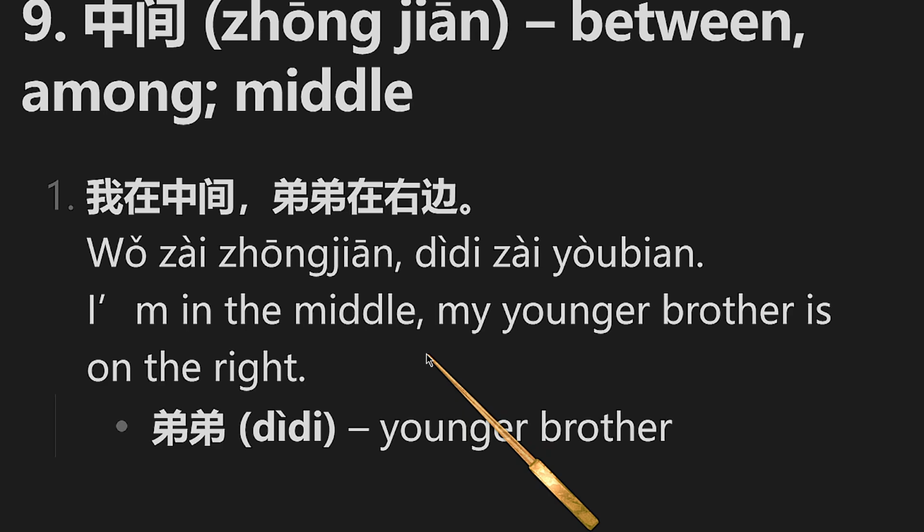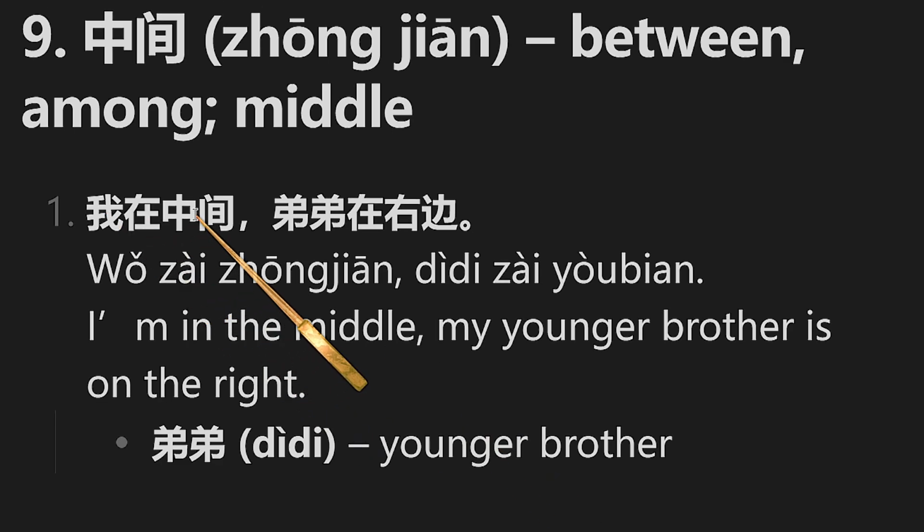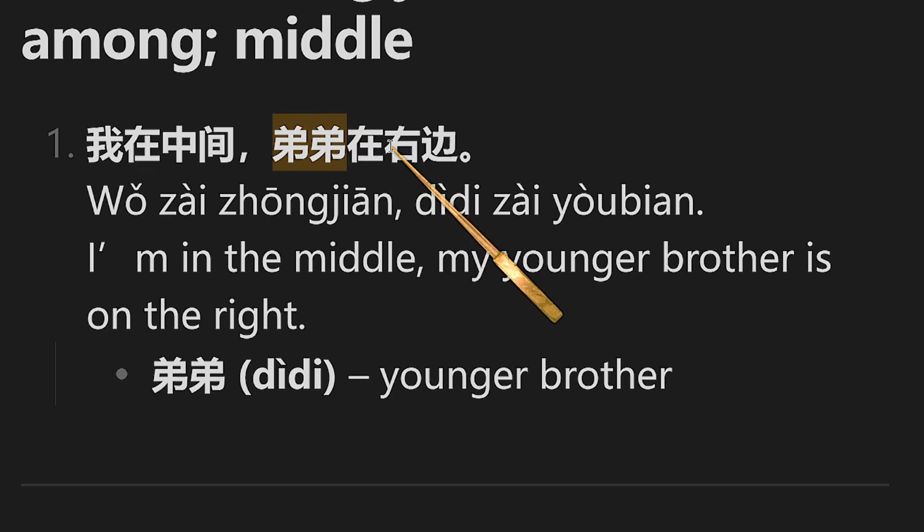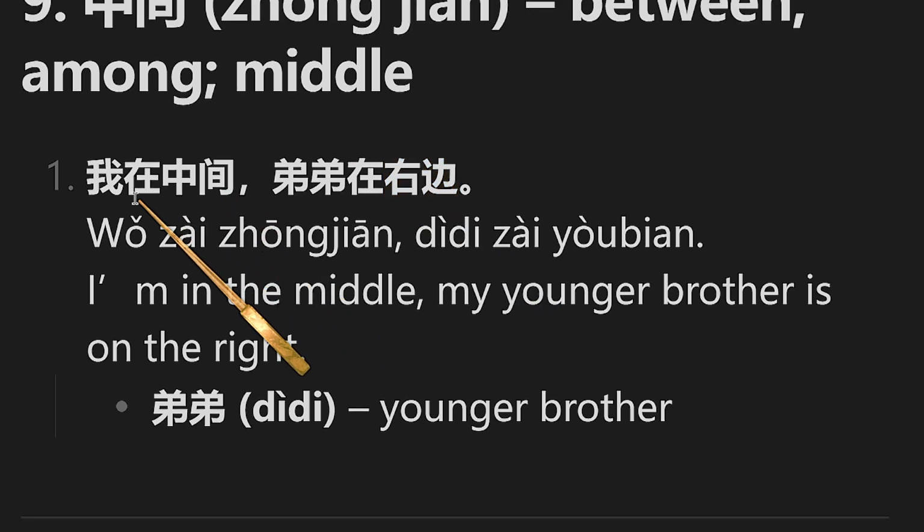My younger brother is on the right. 我在中间。我在中间。I'm in the middle. 弟弟, it's younger brother. 弟弟在右边。I think it will be in the next episode. 右边, it's right part. Before it was 左边, left. Here's 右边, right. But no need to learn it. 我在中间, I'm in the center. 弟弟在右边, my little brother on the right.